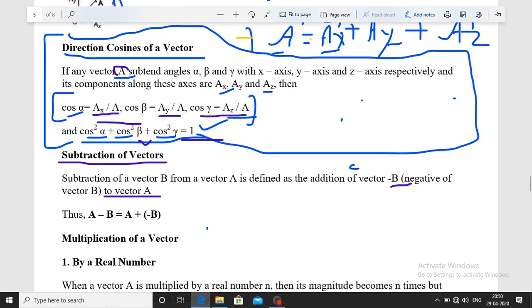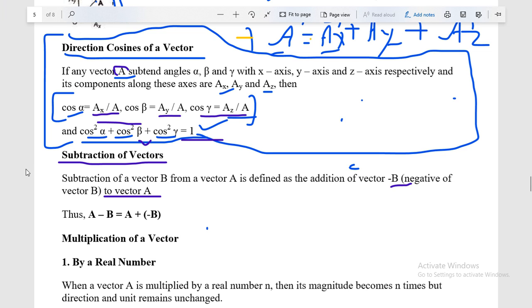So if you want to find the value of a minus b, this is a subtraction of a and b. You should add a plus minus b, and it will be equal to a minus b.